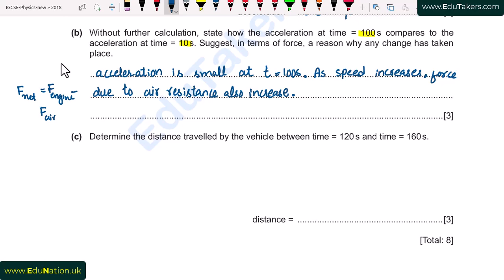So as the air resistance force increases, the net resultant force decreases. I write here F resultant is equal to F engine minus force due to air resistance, so that the resultant force decreases.